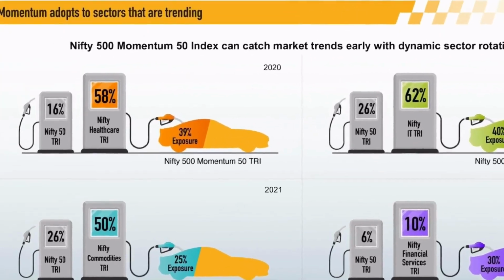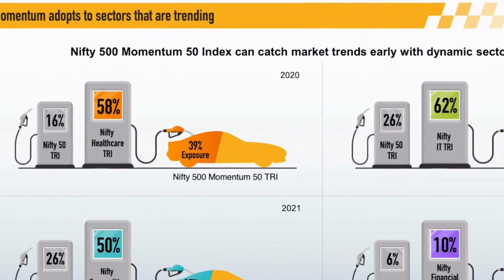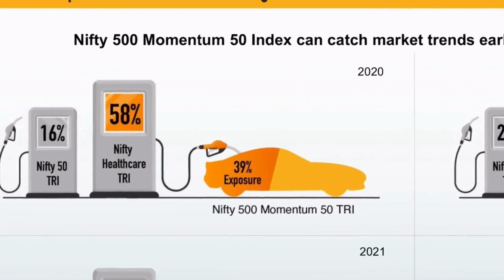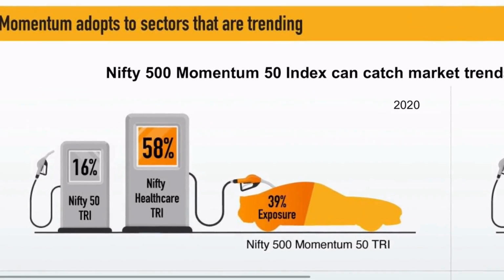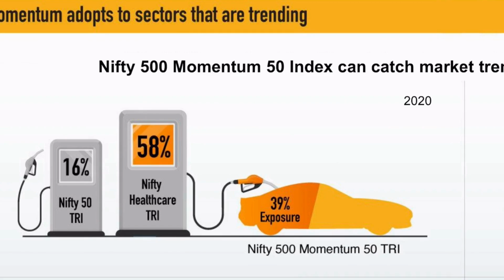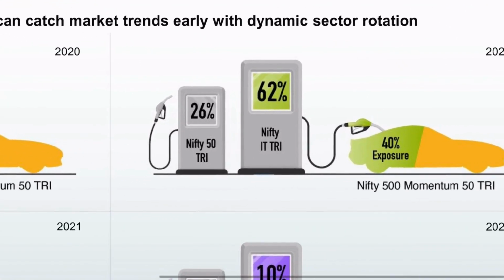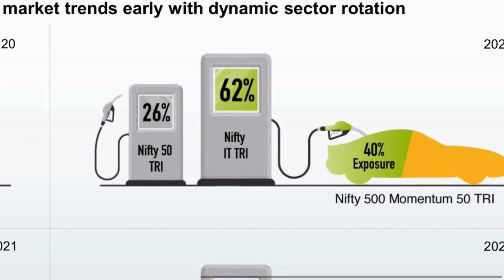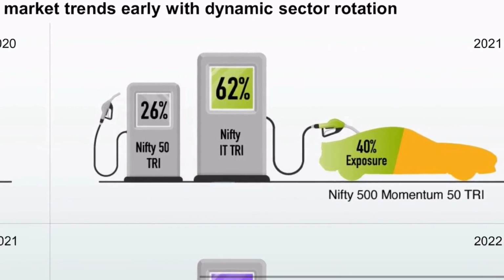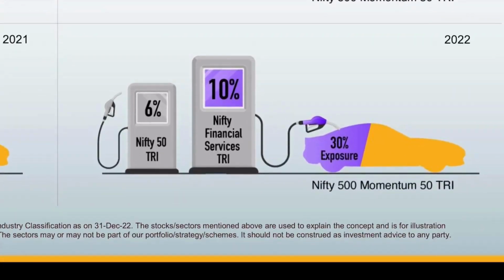Here is another example of how the Nifty 500 Momentum 50 Index can catch market trends. Nifty 50 in 2020 gave 16% return, while Nifty Healthcare Total Return Index gave 58%. At that point, Nifty 500 Momentum 50 Index Fund had 39% exposure to the healthcare segment. In the same way, in 2021, Nifty IT gave 62% return, where the fund had 40% exposure to the IT sector.